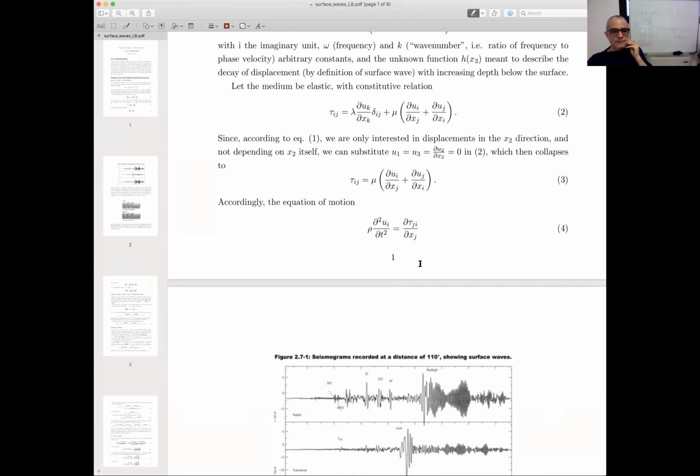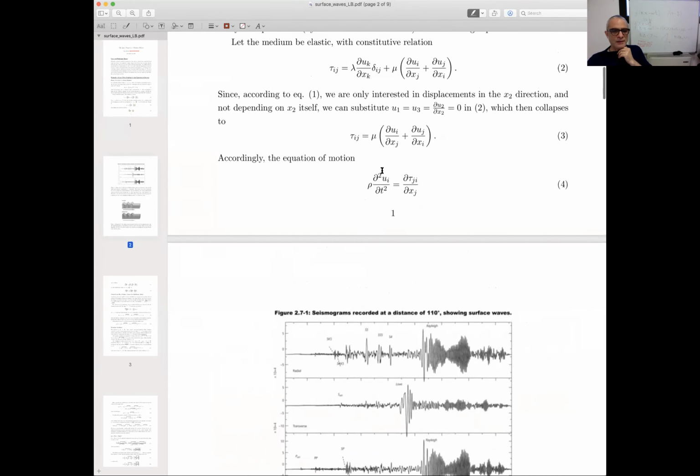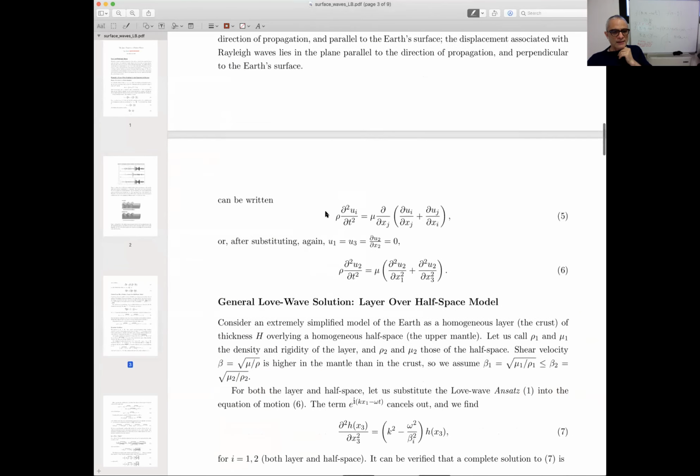And so here you have the Navier equation that you know, and if you plug this into Navier, you get that. But again, this can be simplified a bit because a lot of these derivatives are 0, because of the peculiar character of u in our ansatz. And so eventually the equation boils down to that.